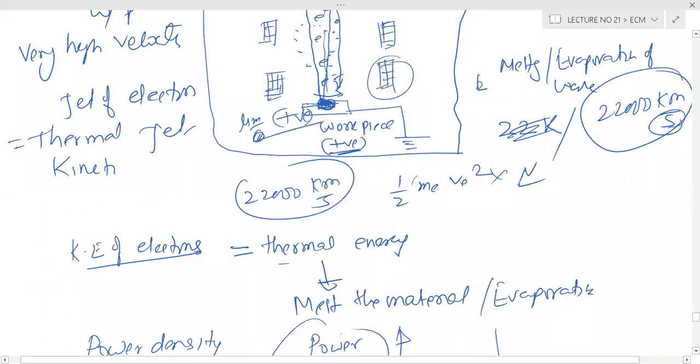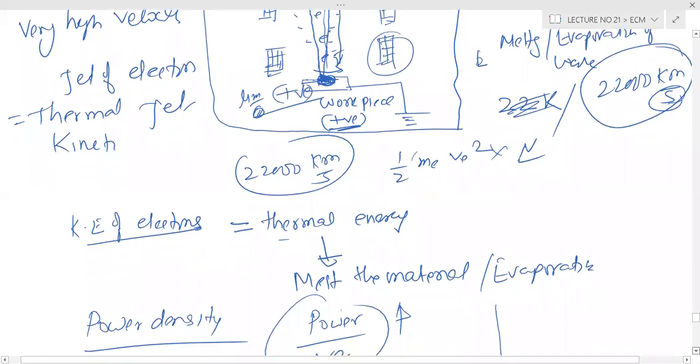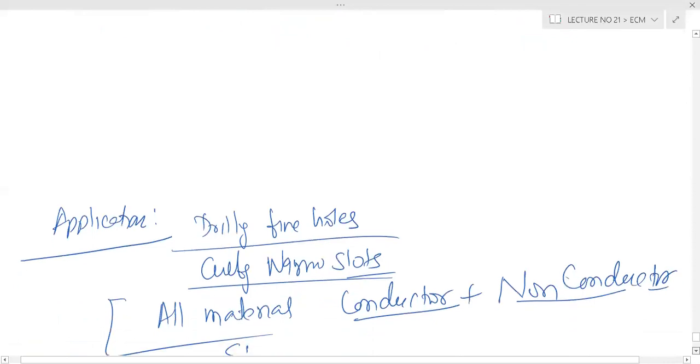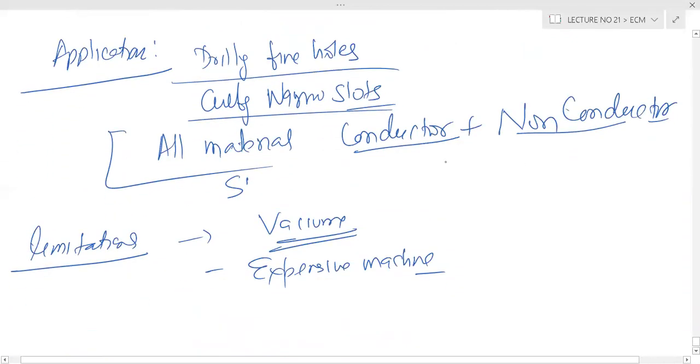The electron has to hit; once it hits, our job is over. The machine is expensive, 5 crore or 10 crore is the price.